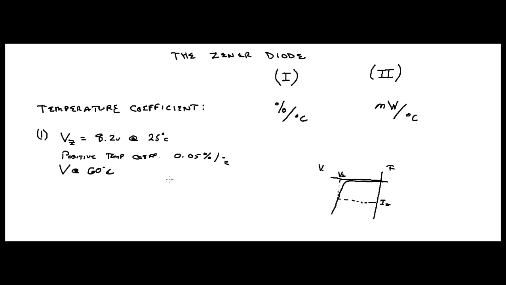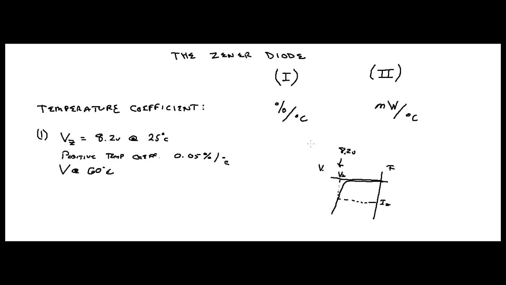So let's look at what's going on here. What do we expect to have happen? It's a positive temperature coefficient. You know your Zener voltage, this value right here is 8.2 volts. Now, since this is in reverse bias, you might be asking yourself, why isn't it negative 8.2 volts?